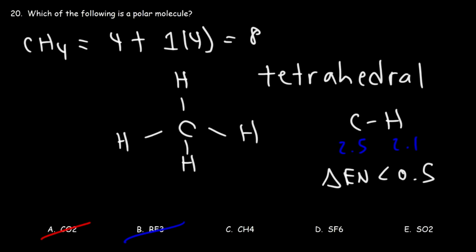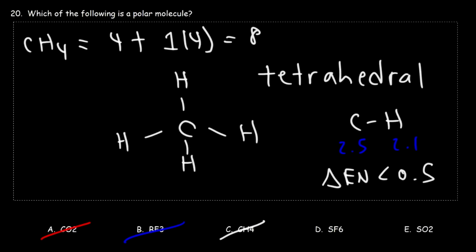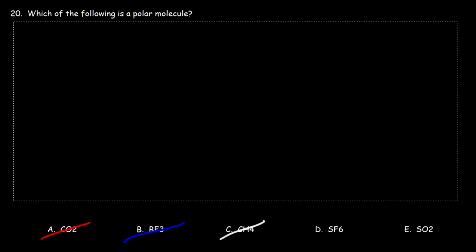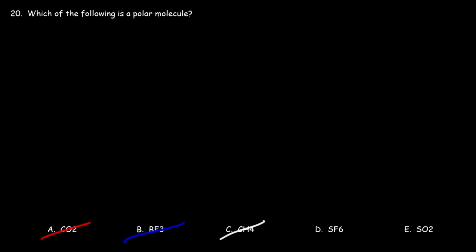So therefore, the CH4 molecule can't be polar. So this is a nonpolar molecule. So anytime you have a molecule that is a hydrocarbon, meaning that it's completely composed of carbon and hydrogen, it's going to be a nonpolar molecule if there's no other elements attached to it.